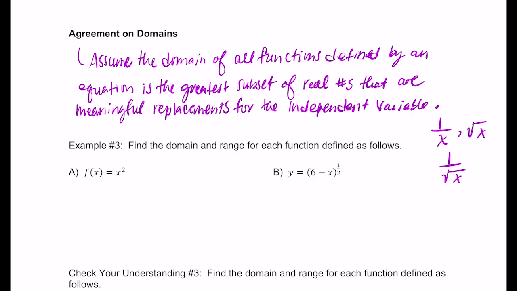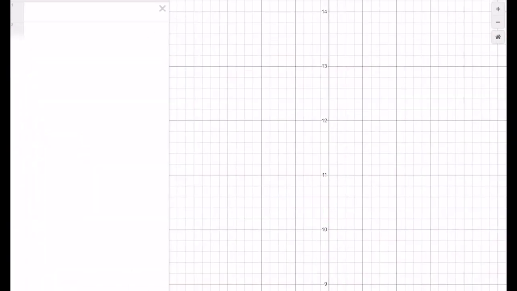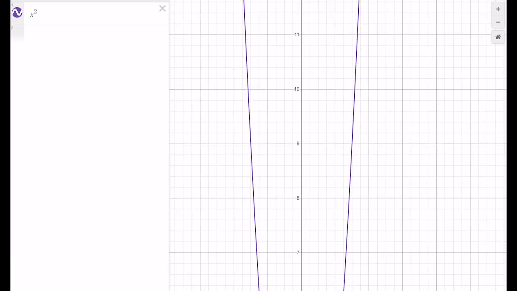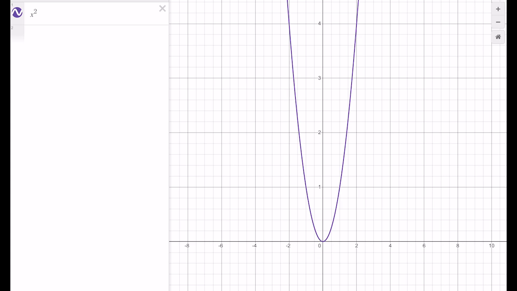Okay? So here we're going to find the domain and range for each function defined as follows. So we already kind of talked about this one, f of x equals x squared. Let's just graph it and take a look. So if you have a graphing calculator, you want to follow along here and type this in. If I type in x squared here, you can see that the parabola is concave up and the low point there, the minimum, is the point 0, 0.